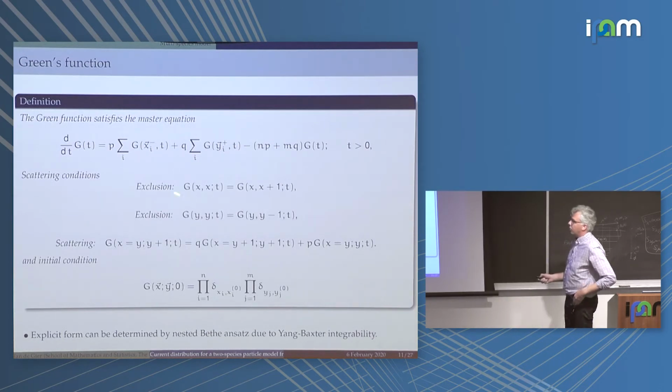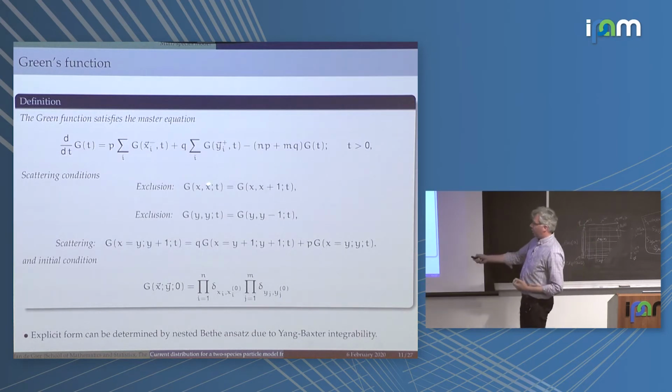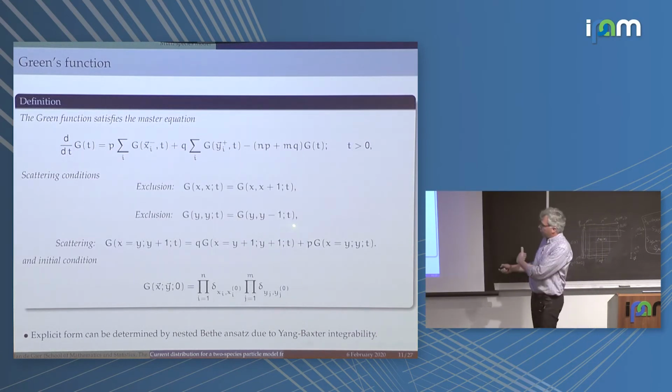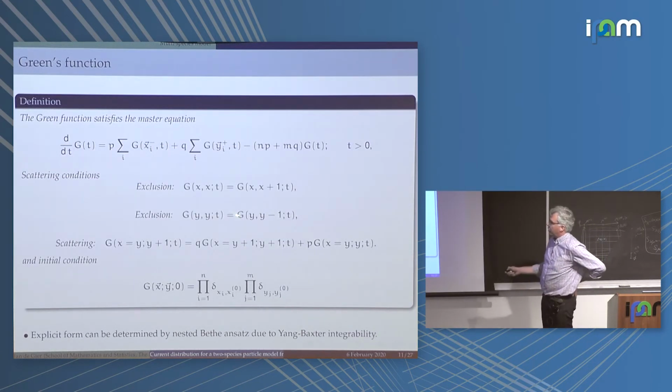So there is an exclusion effect that you have to incorporate, and you can write that as some sort of scattering condition: if I have the Green's function and 2 coordinates are equal, then this should equal the Green's function where the second coordinate is the first plus 1. That just follows from an exclusion principle to make this equation consistent. Same for the minus particles, a very similar condition.